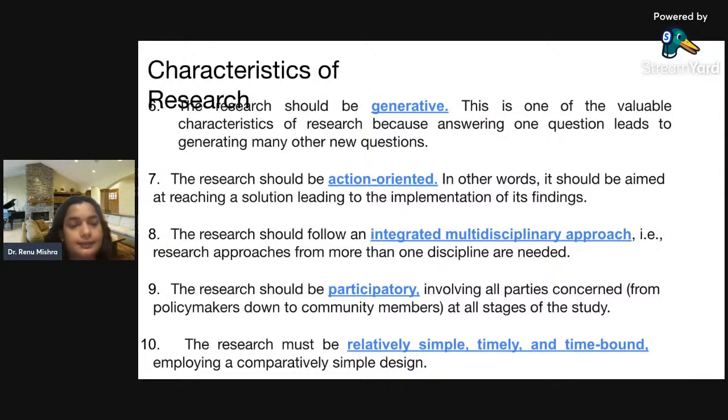Now for instance, you choose to study the literature of, let's say, artificial intelligence again. Now you find that many of the researchers have already worked on the influence of AI on business, or influence of AI on marketing or HR or student learning. Nobody has talked about the positive aspect of AI.